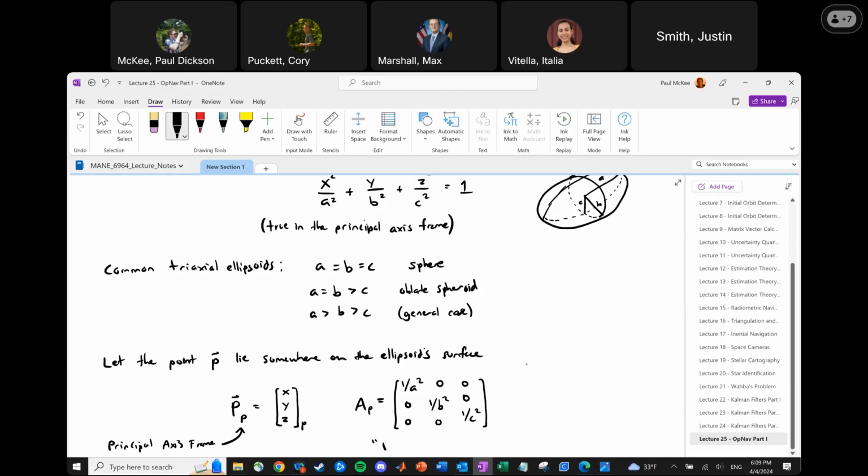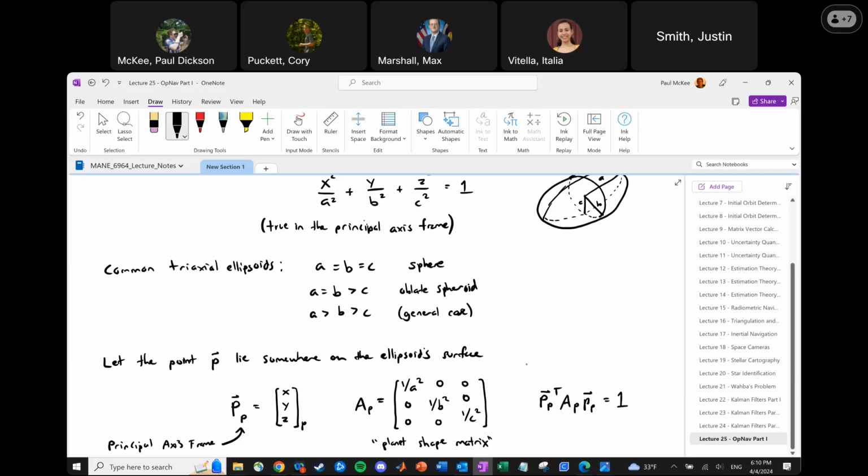So we're going to call this the planet shape matrix. If this is P and this is A, then this is true: P transpose A P is equal to 1, which is pretty neat.